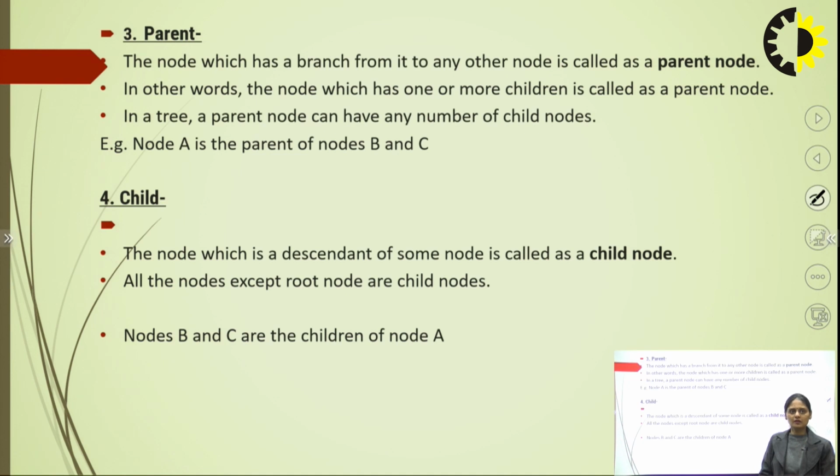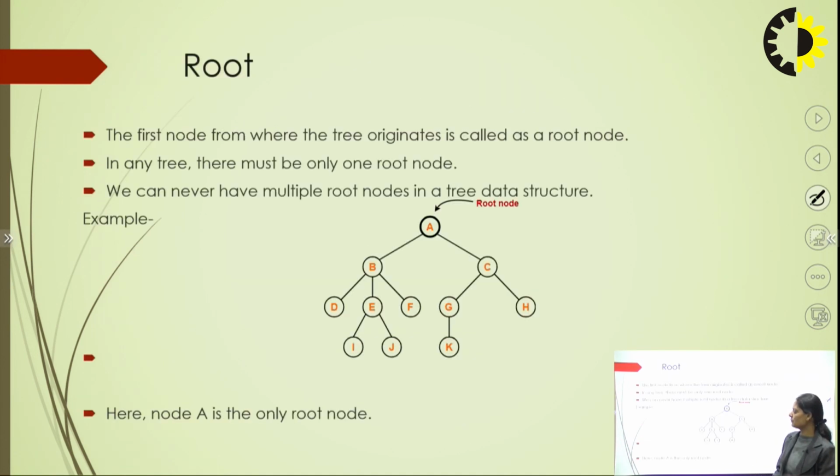In the last example, B is a parent of D, E, F. So D, E, F are the child nodes of parent B. Similarly, G and H are the child nodes of parent C.